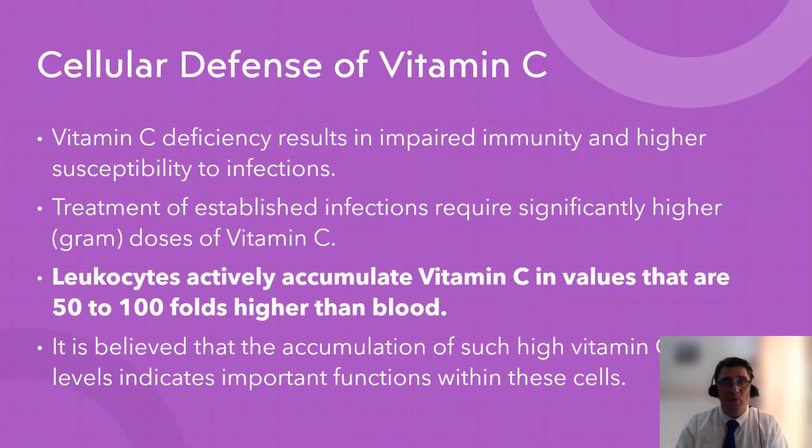We know that vitamin C deficiency results in impaired immunity and makes us more vulnerable to infectious diseases. Treatment of an established infection, however, requires significantly higher amounts of vitamin C. The reason for that is that the leukocytes, our defensive cells, actively accumulate vitamin C at a value that is 50 to 100 fold higher than in our blood.